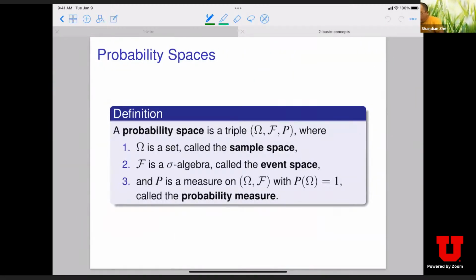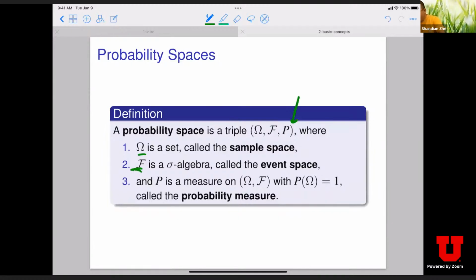So now we come to our definition of a probability space. A probability space is a triple. It contains a sample space omega, which is a set. Each element in the sample space is a basic outcome of your random observation. Second, you have the event space F. F is a sigma algebra, a set of sets.